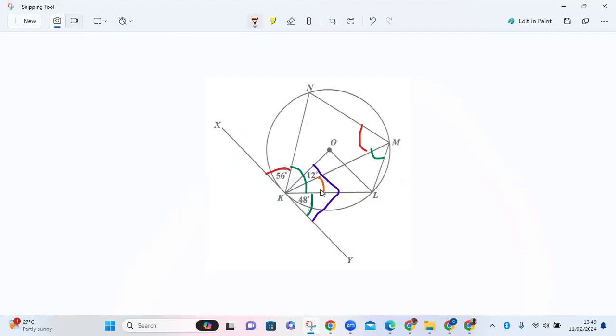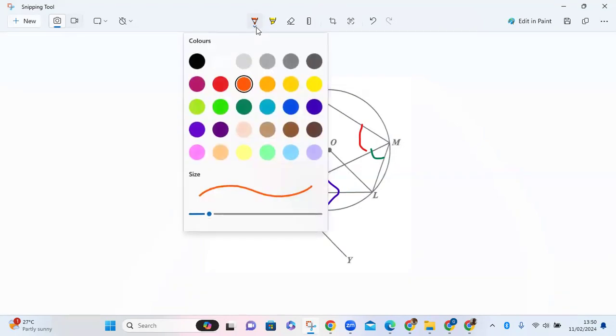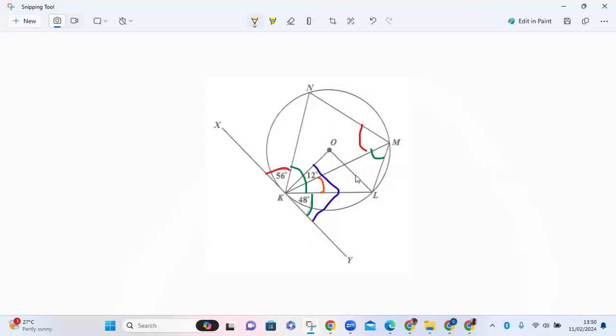And also, a lot of theorems appear here. OKL is an isosceles triangle because OK and OL are two radii equal in length. So therefore now, OKL and OLK are equal in size. Isosceles triangles have two sides, two angles equal.